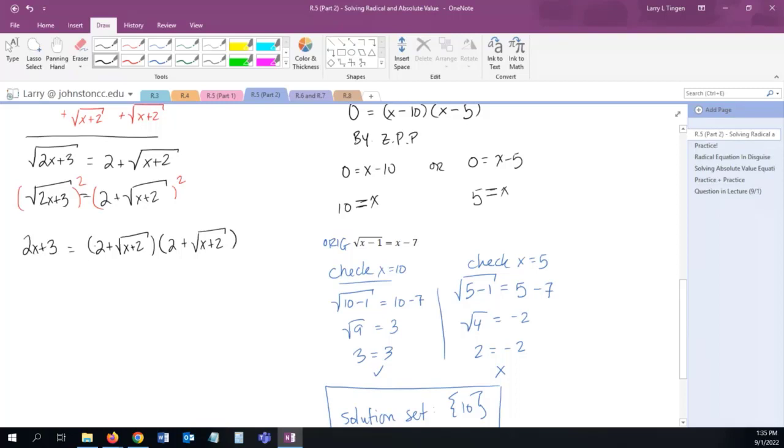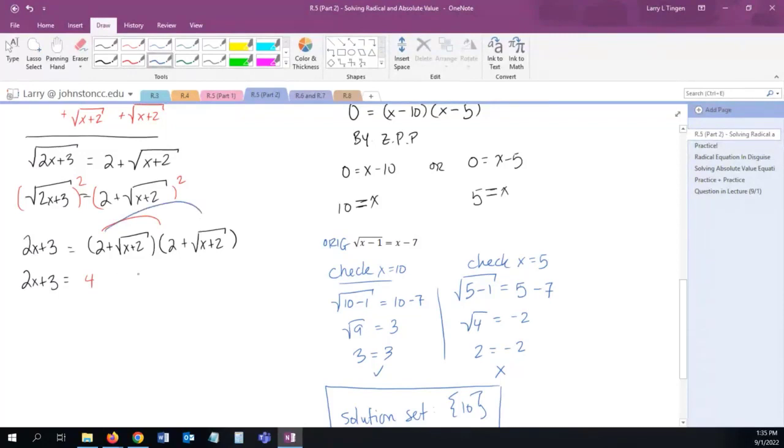They're still binomials because it's just 2 terms. 2 is a term, and the square root of x plus 2 is a term. But when I FOIL this, what happens? First, life is good, that's a 4.